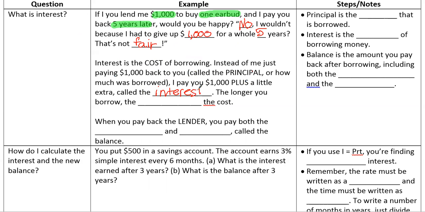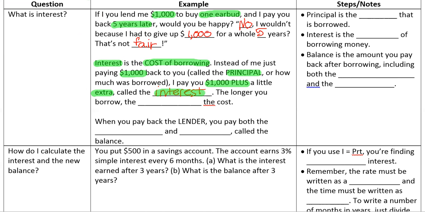So let's make sure we have this right by going over it one more time. Interest is the cost of borrowing. Instead of me just paying $1,000 back, $1,000 is the principal. I pay you $1,000 plus a little extra, which is called the interest.